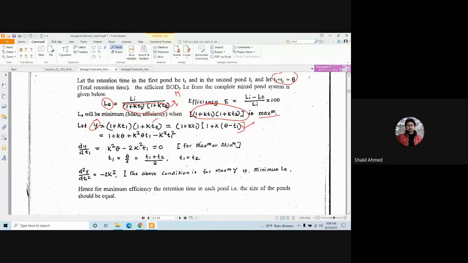Now in your intermediate math, you know that for minimum or maximum y, the differentiation of this value should be 0.